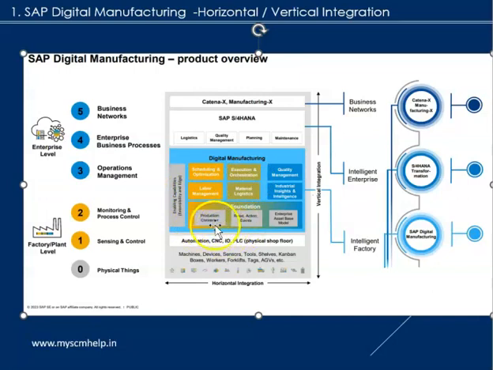Another thing is automation. Let's say you have a woven machine connected to the Digital Manufacturing Cloud through the plant connector, and you want to read the temperature of this woven machine, and even if you want to modify or control it, those kinds of automations are also possible. I'm just taking one example for this vertical integration. Like that, it has multiple things.